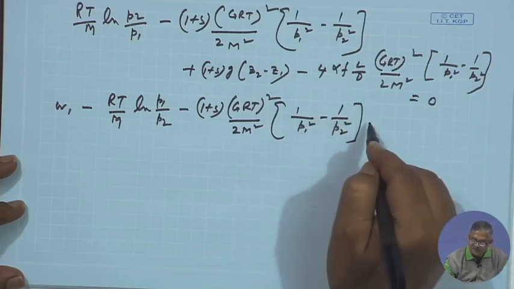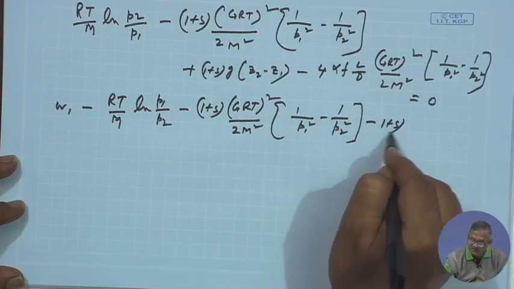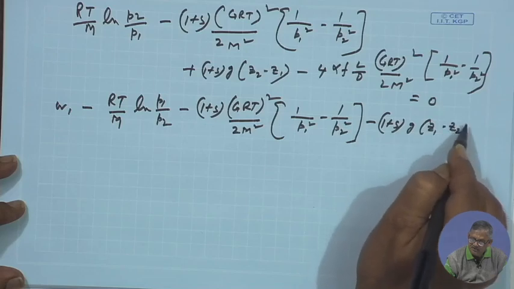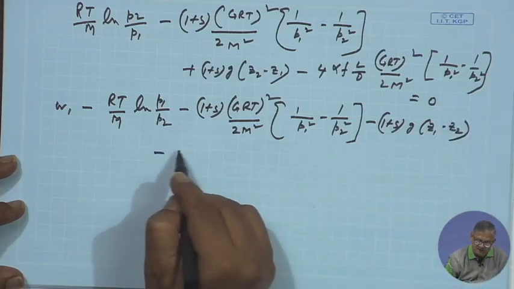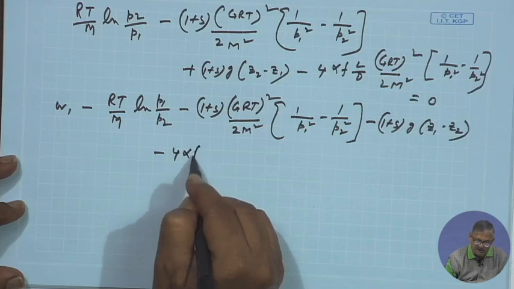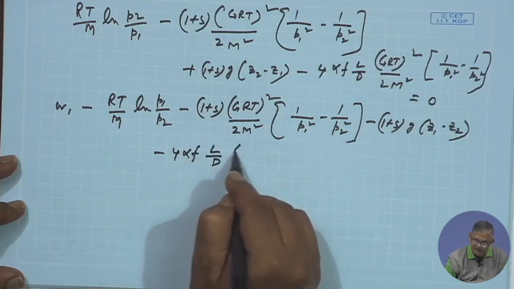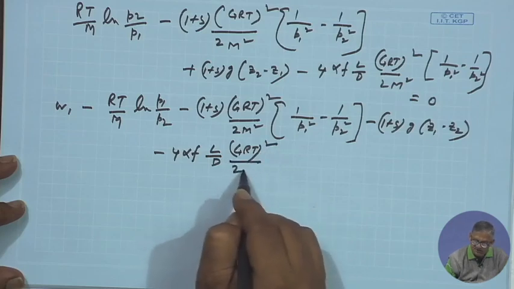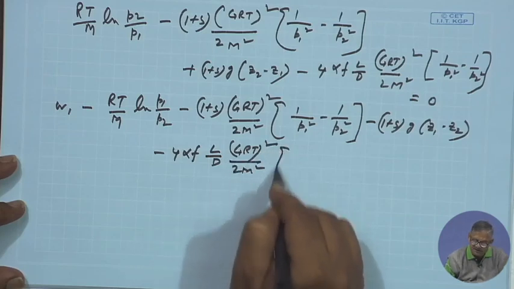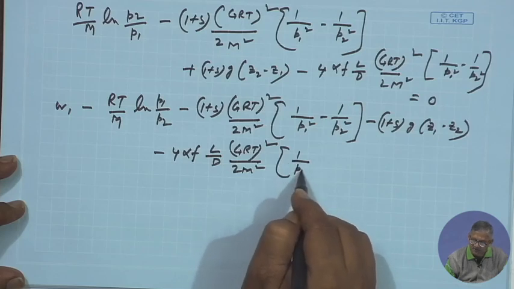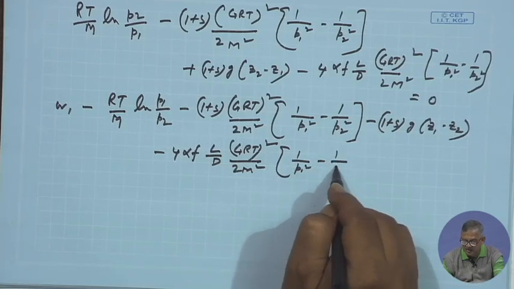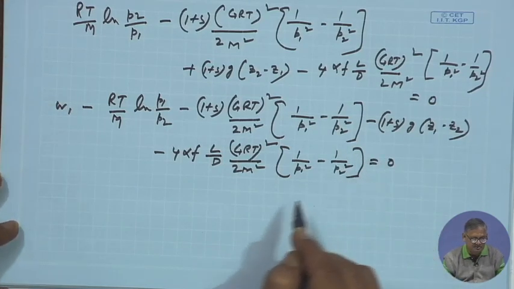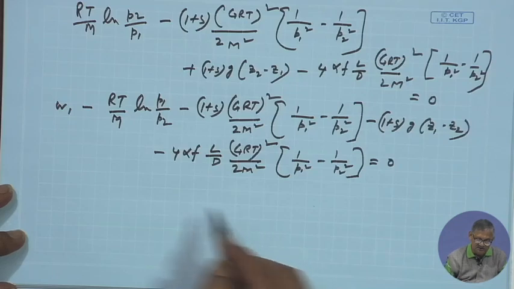If we write minus 1 plus S into G into Z1 minus Z2, right, minus 4 alpha F L by D GRT squared by 2M squared times 1 by P1 squared minus 1 by P2 squared. This is equal to 0, right.